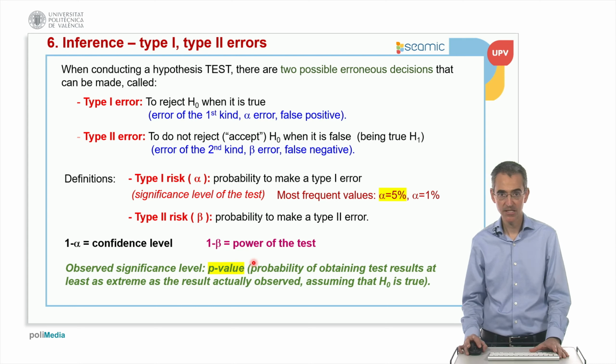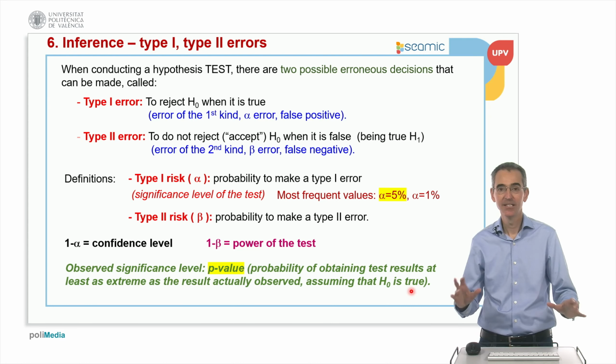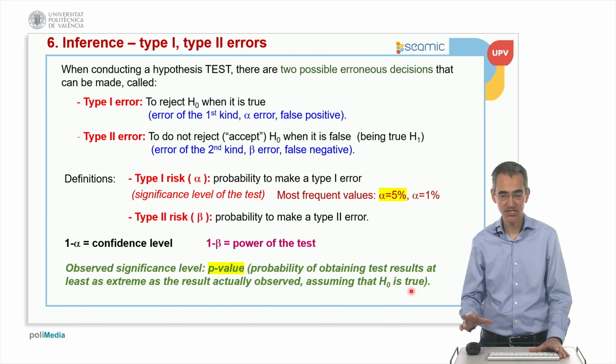By definition, it is the probability of obtaining test results at least as extreme as the result actually observed, assuming that the null hypothesis is true. Actually, this definition is a bit abstract, a bit difficult to understand, but don't worry, I will explain it step by step with examples in another video.